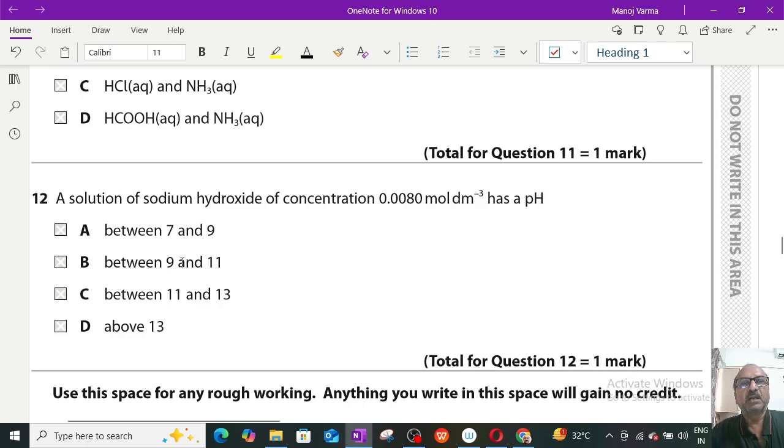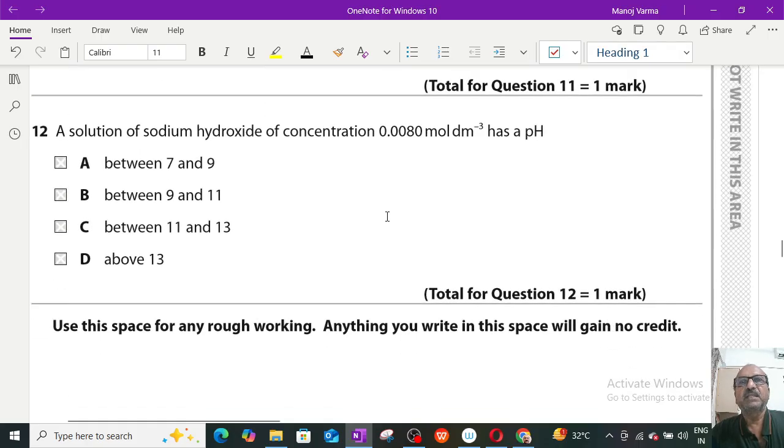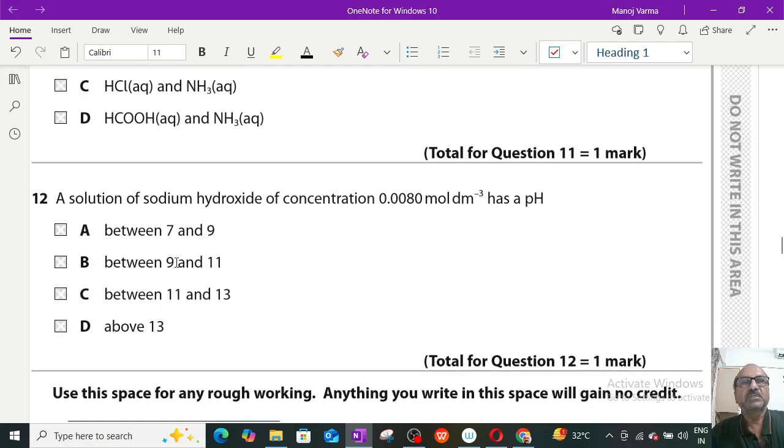So 7 and 9 also is not reasonable. It is 9 and 11, or 11 and 13. So it requires a bit of calculation.